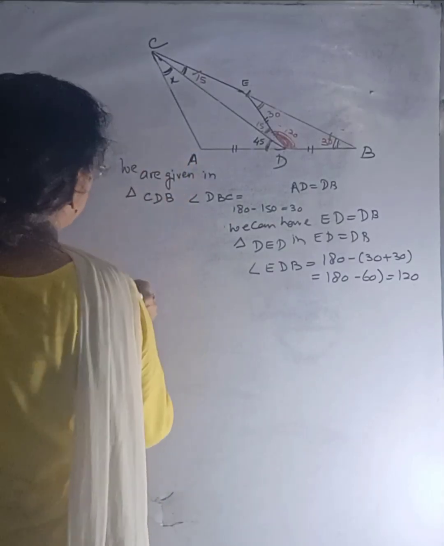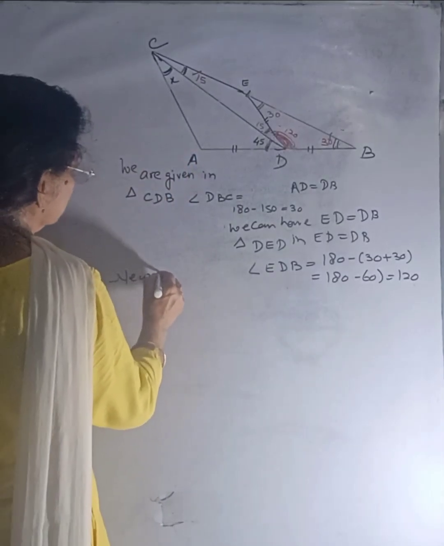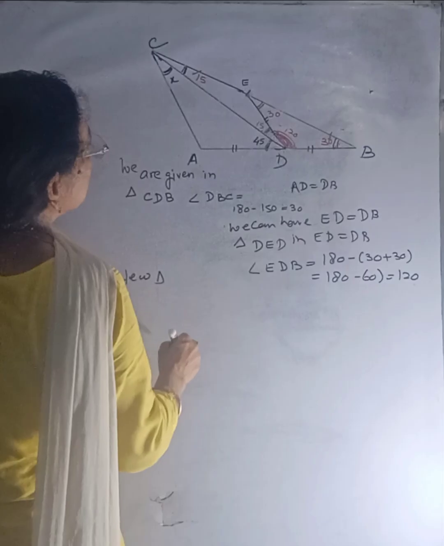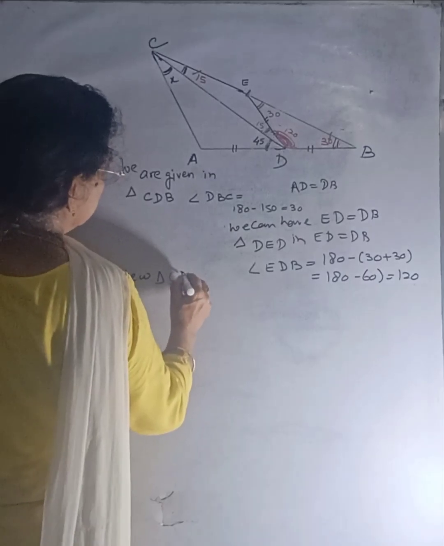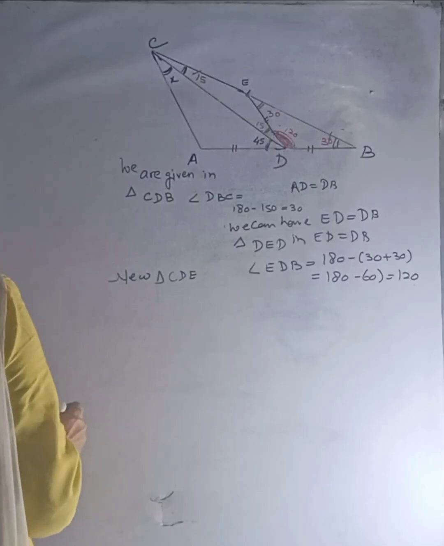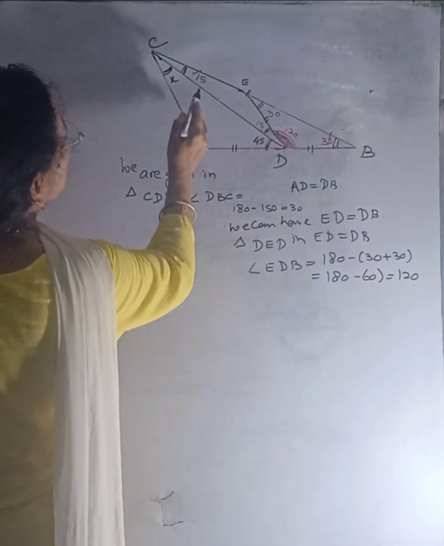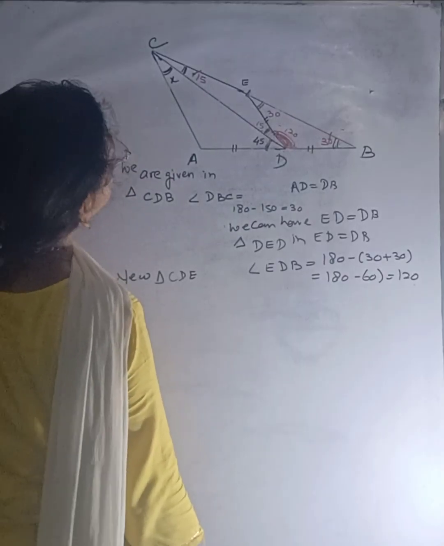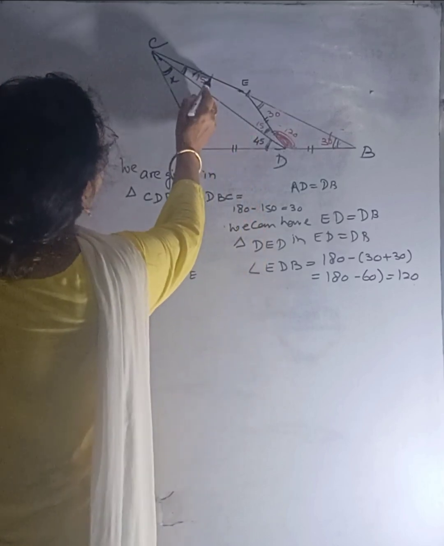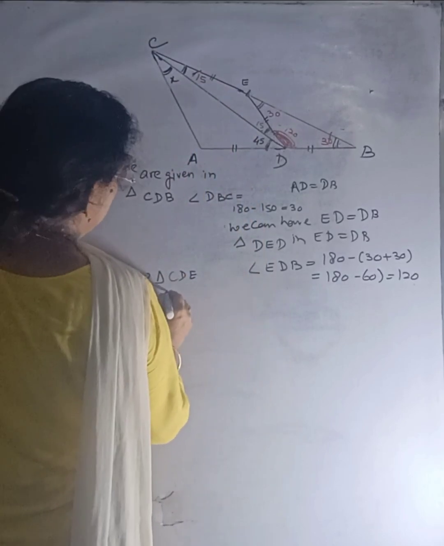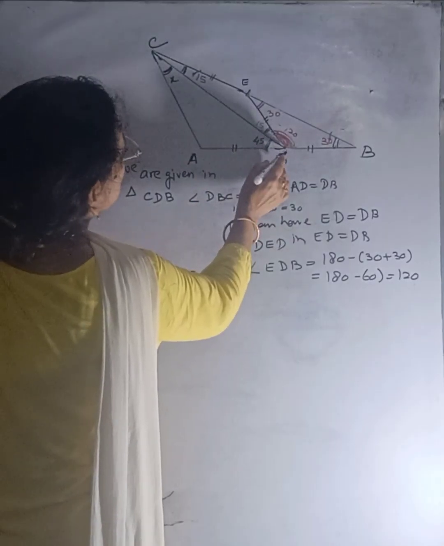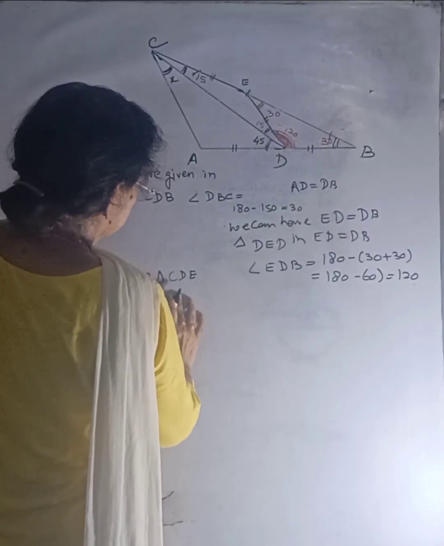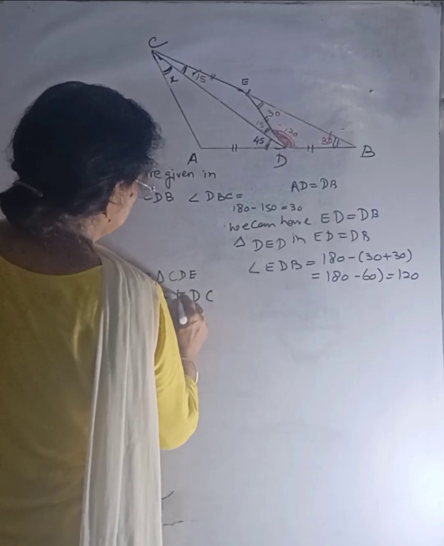Now we have a new triangle, that is CDE. This is 15, this is 15. It means that this side is equal to this side.